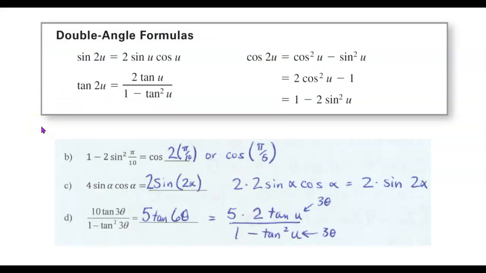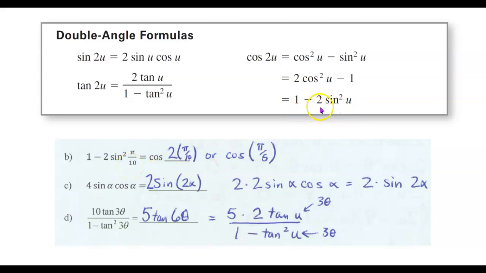Now let's do some more examples working with these. If we start with 1 minus 2 times the sine squared of pi over 10, do you see anything up here on either side of any of these equations that fits this pattern, that looks like 1 minus 2 times the sine squared of something?